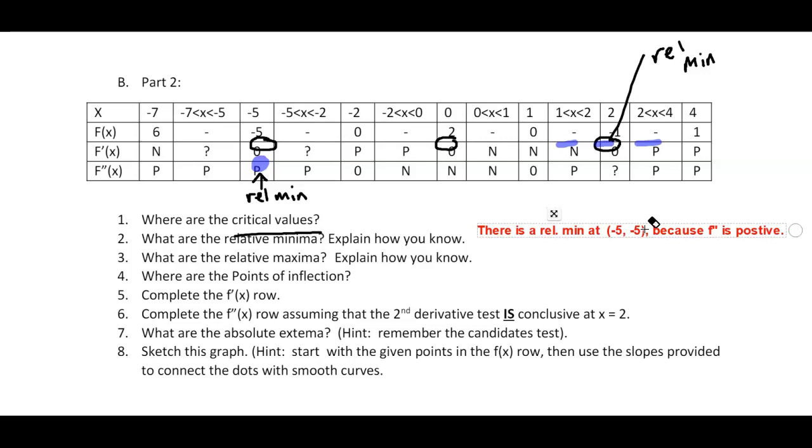That's one way you can tell that you have a relative minimum. For the other one, this one over here, we could say there is a relative minimum at 2, -1, because f prime changes from negative to positive at that point. Okay?